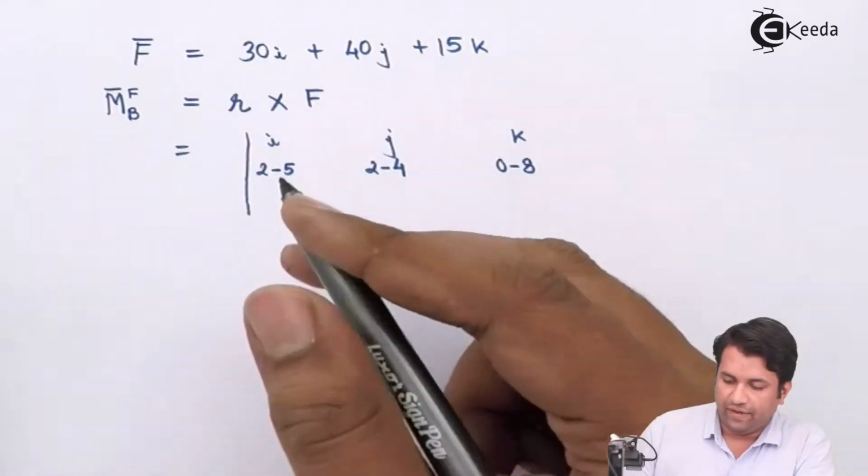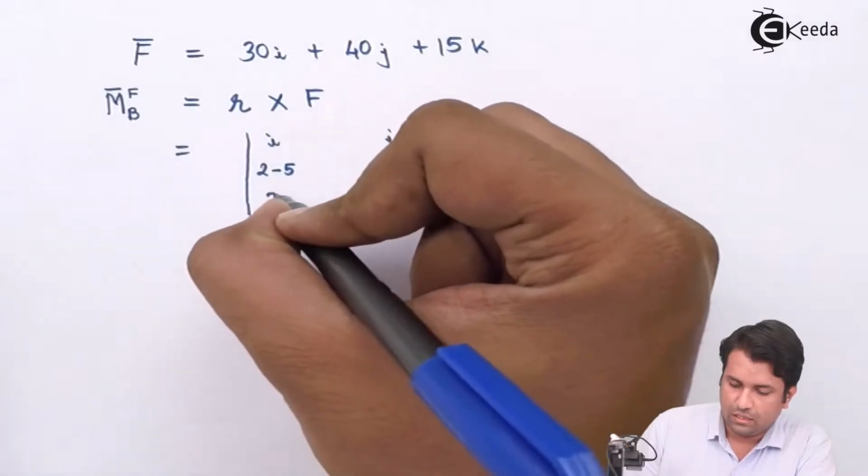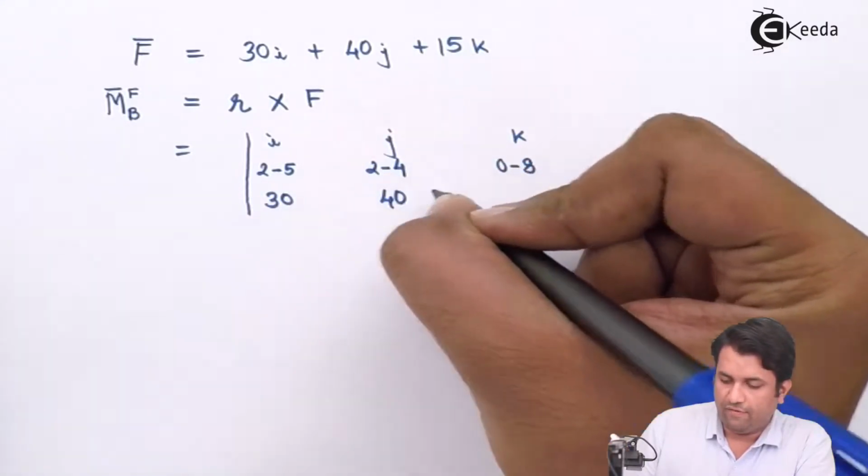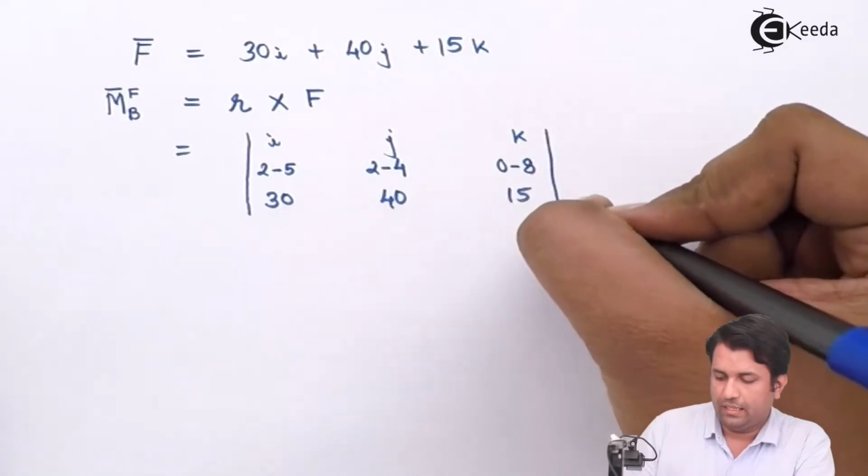We have the Fx, Fy and Fz as 30, 40 and 15.